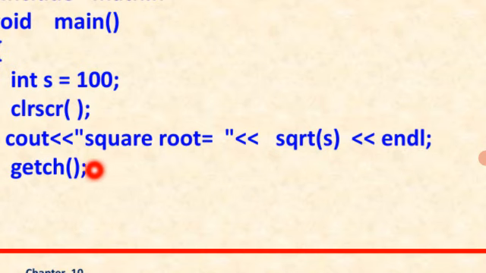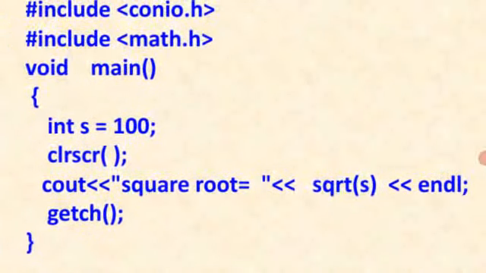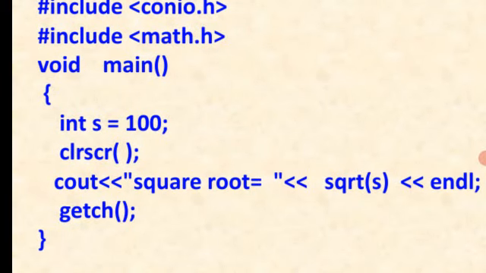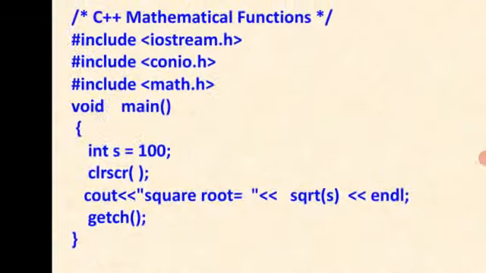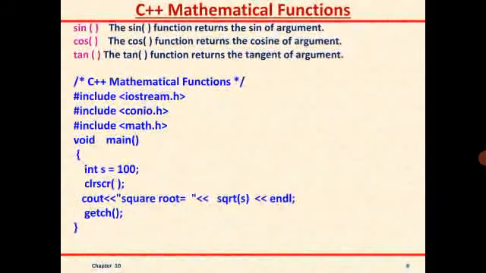After that you have the getch function. Then finally you close the brace. So this is one simple example of a mathematical function. When you compile and run this program, what is the output you will get?